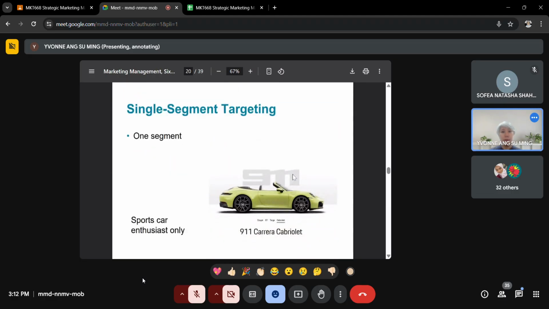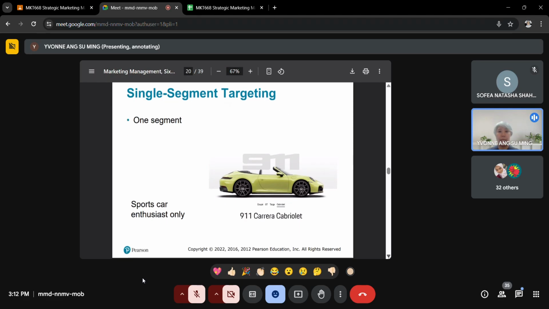Right? Okay. Then we want to touch on single segment targeting. So if we already understand the segments and we know that inside our marketplace there can be a whole variety of segments, is it possible that companies actually choose only one segment? So single segment targeting. In this example, you can see this is a Porsche, they did actually choose only one segment.